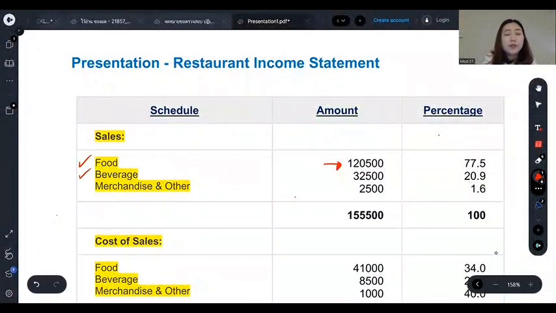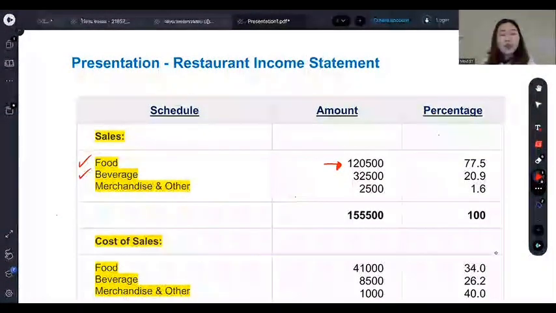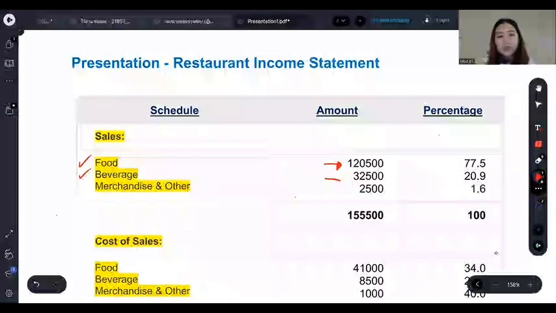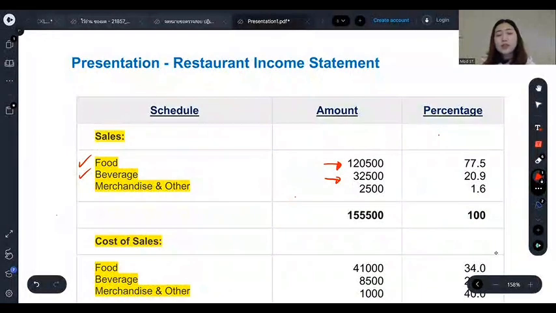The second one is beverage. Beverage over here refers to alcoholic beverages, and the beverage sales are 32,500.